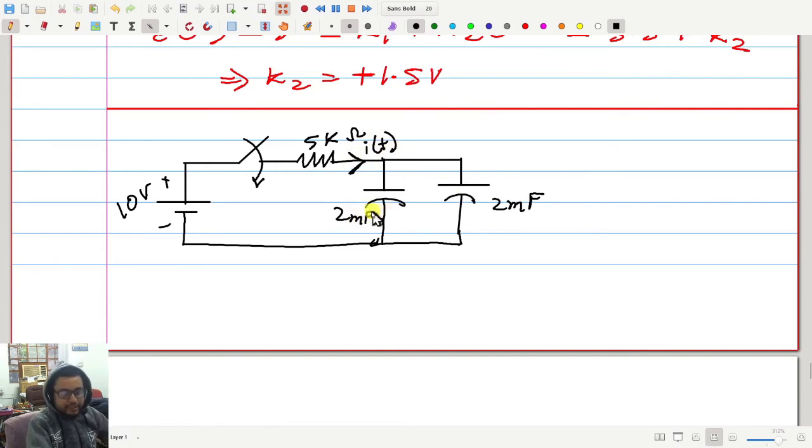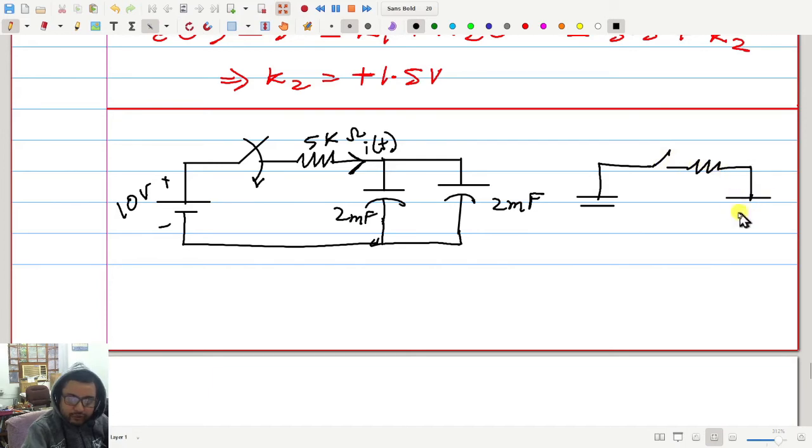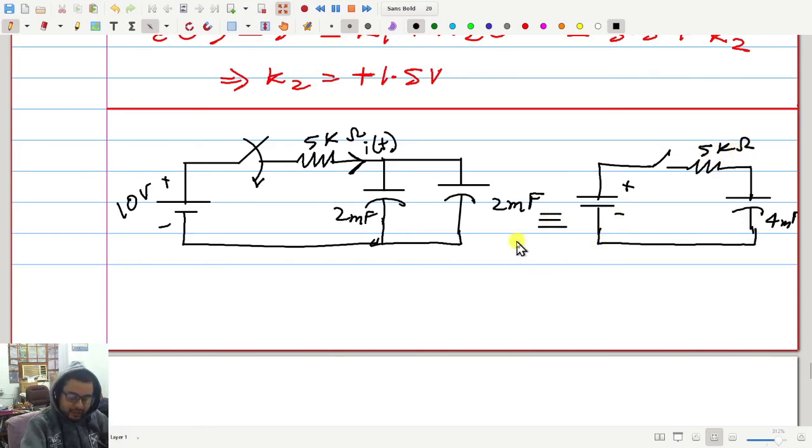Here the two capacitors are connected in parallel, and you have studied the equivalent capacitance of two capacitors in parallel in school. So these two together you can write as one capacitor of 4 millifarad. In that case you can solve this circuit. In general you cannot, but this is solvable using the methods we have studied so far.